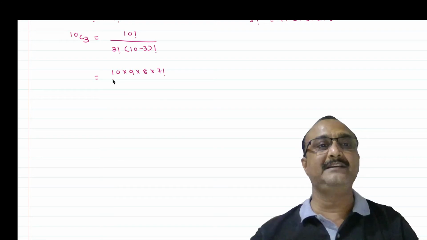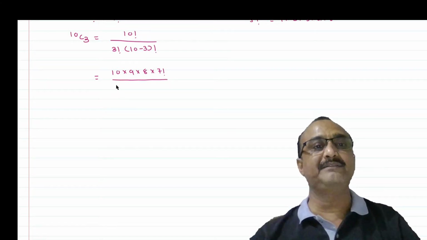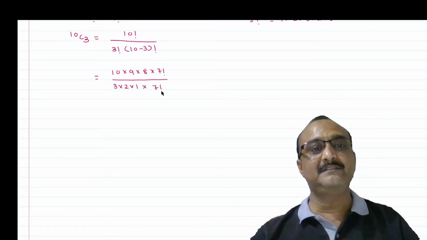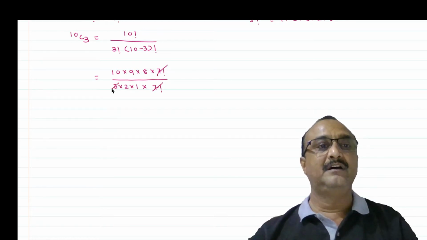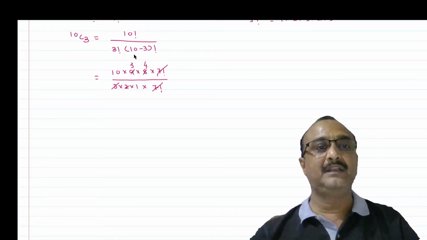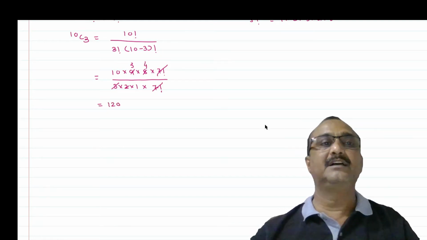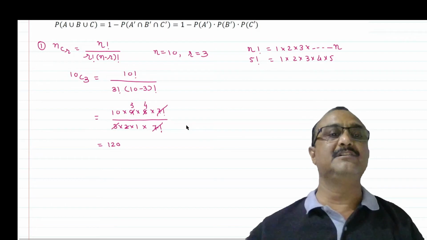I am writing 7 factorial because 10 minus 3 factorial is 7 factorial. So 3 factorial is 3 into 2 into 1, and 7 factorial cancels with 7 factorial. 3 threes are 9, 2 fours are... 4 threes are 12, and 12 tens are 120. Our answer of 10C3 is 120.